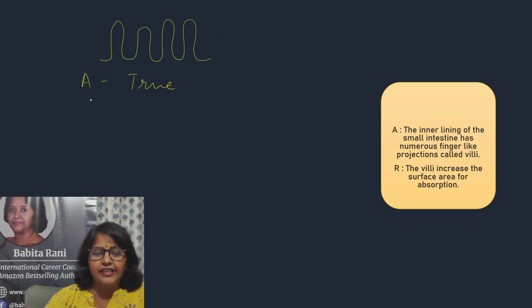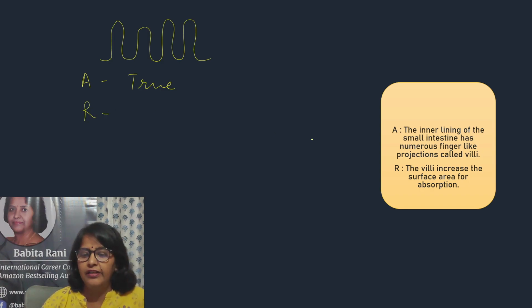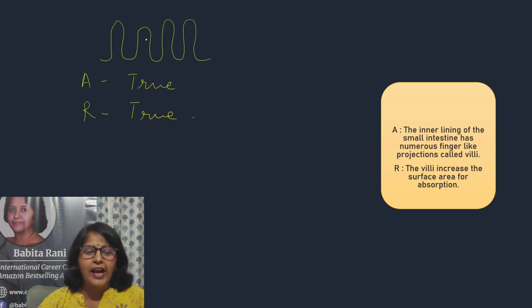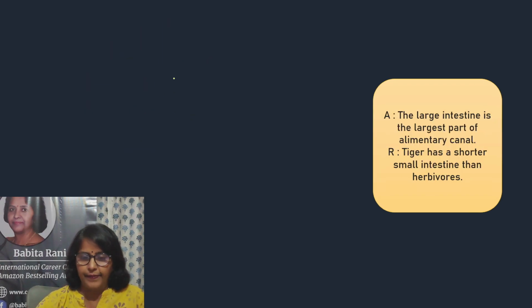It increased the surface area for absorption. Let us read what is written in this. Reason is the villi increase the surface area for absorption. Absolutely true. So this is also true and this is the correct explanation of A also. So what will be the answer? A will be the answer.